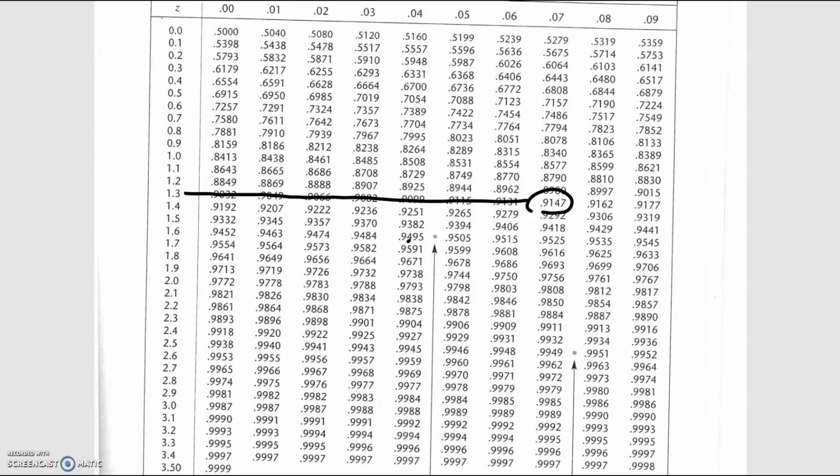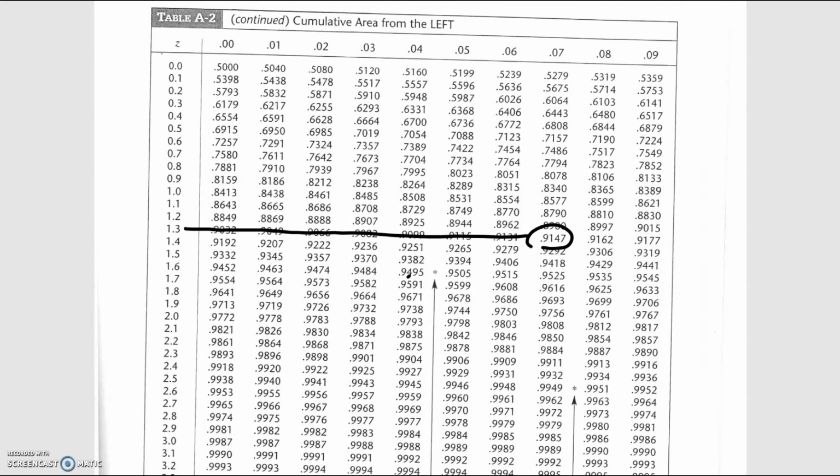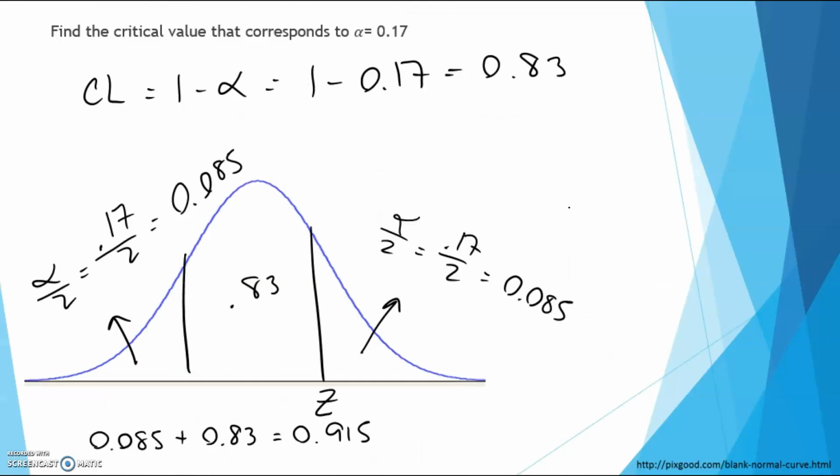So that gives me a z-score of 1.37. So it's equal to 1.37. So that is my critical value for an alpha of 0.17 or a confidence level of 83%.